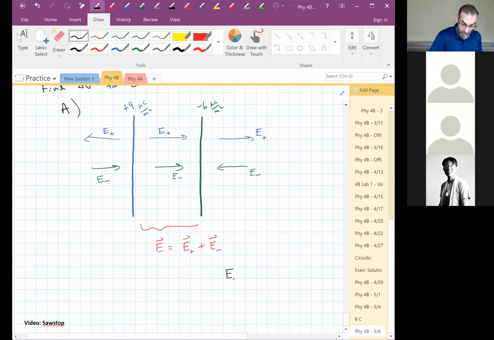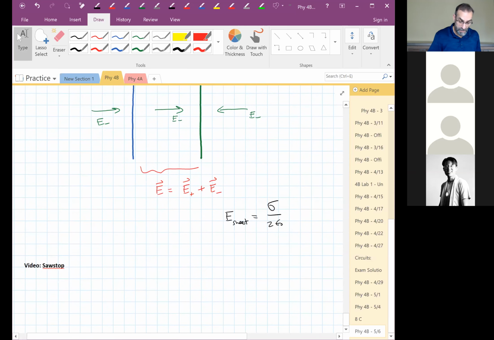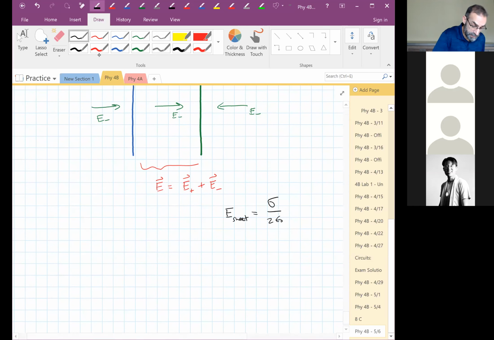And we're going to use the fact that, I guess I should derive this, but we've done it a few times, so I'm just going to use the fact that the electric field from the sheet is sigma over 2 epsilon naught. You can derive that from Gauss's law in a couple of lines, right? So what we want to do is add those up and get the total electric field between the sheets.